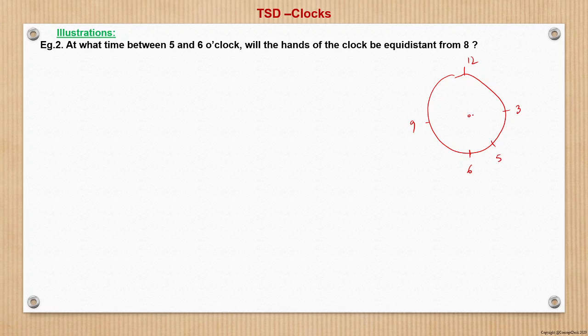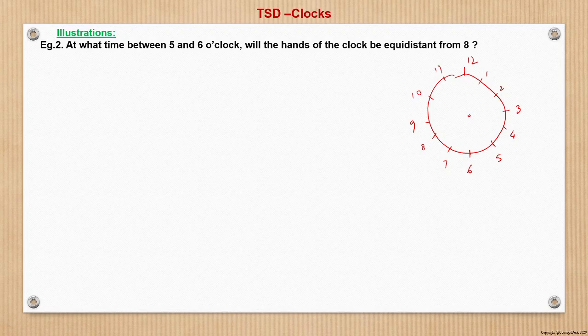At what time between 5 and 6 o'clock will the hands of the clock be equidistant from 8? So this is the problem, right?